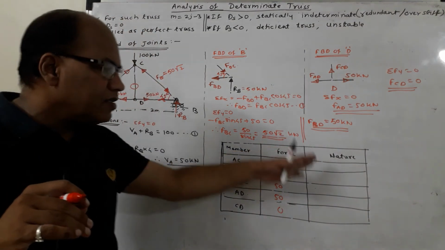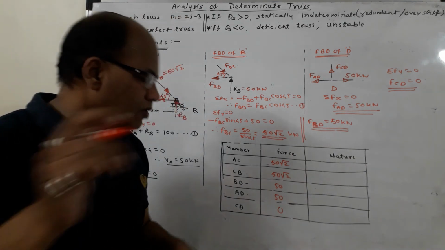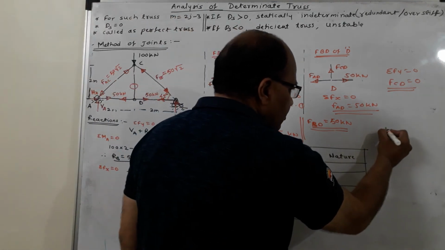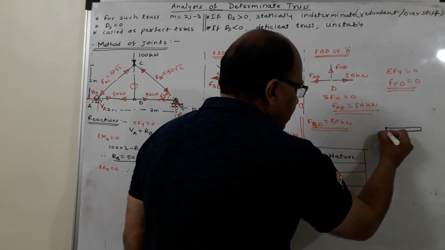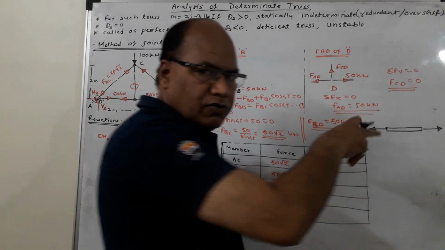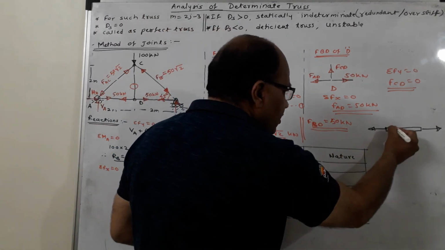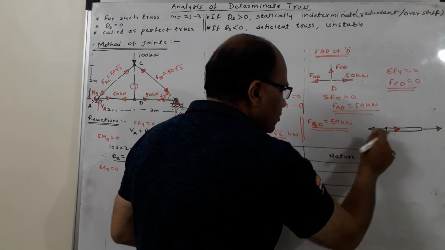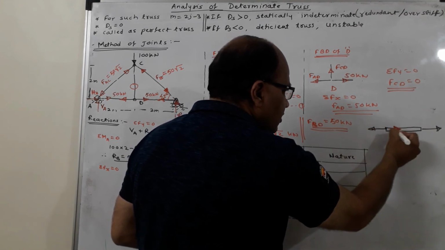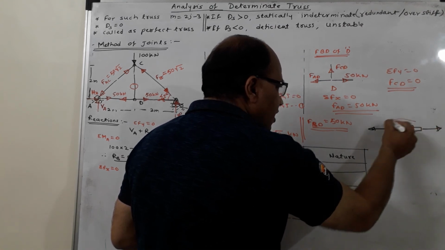And then we will have to write the nature of the force, that is whether the force is tensile or compressive. Now for that you will have to remember this. Suppose this is a member, and if it is subjected to a tensile force like this, so you know that it is a tension. If it is a tensile force, the member resists this action. So this arrow is resisted by means of such an arrow, whereas this arrow will be resisted like this.